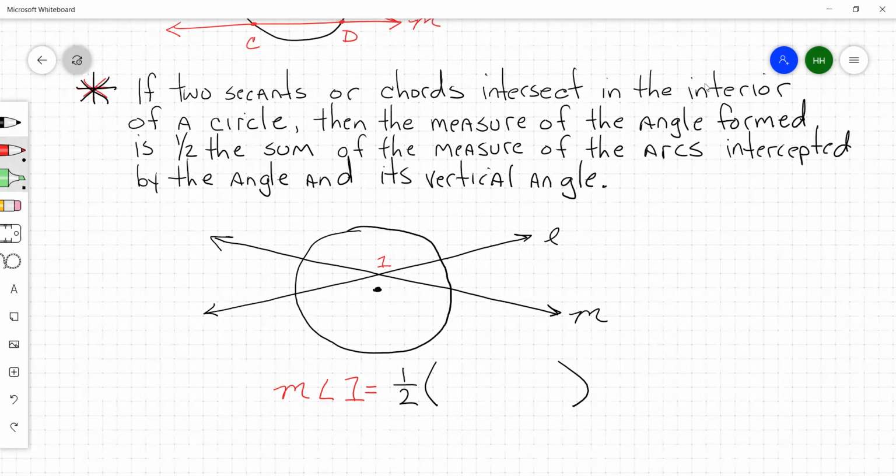All right, so let's add an A, B, C, and D right here. And then in these parentheses, we're going to put arc AB plus arc BC.